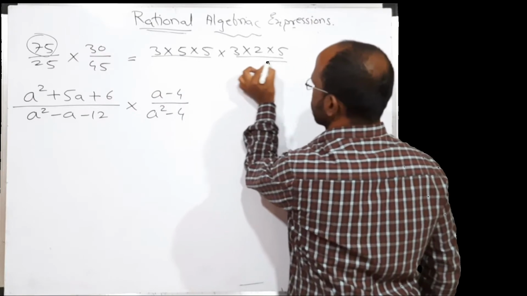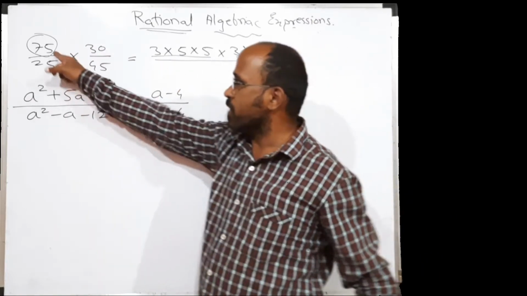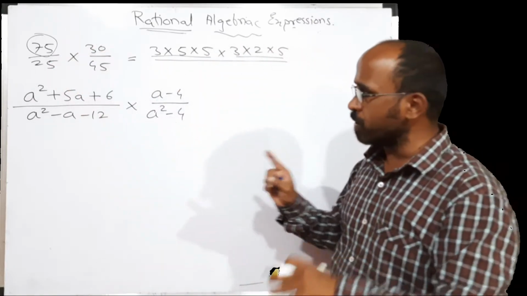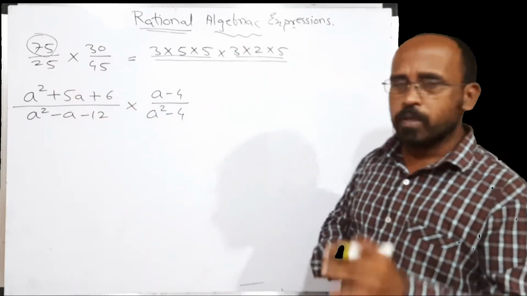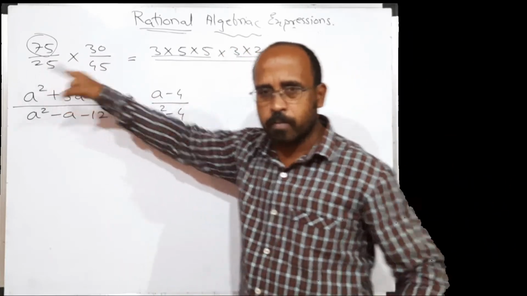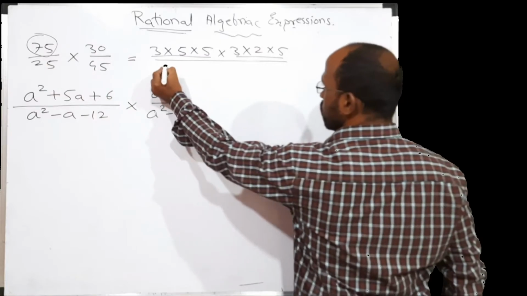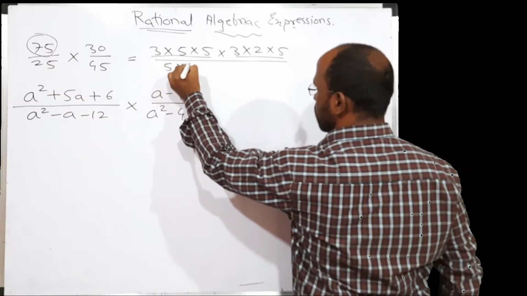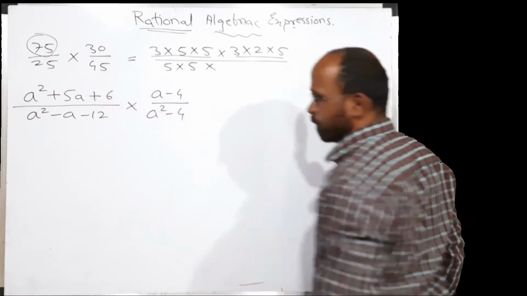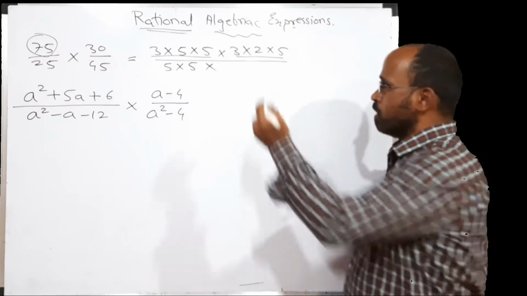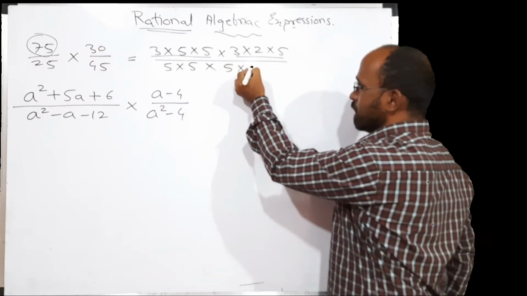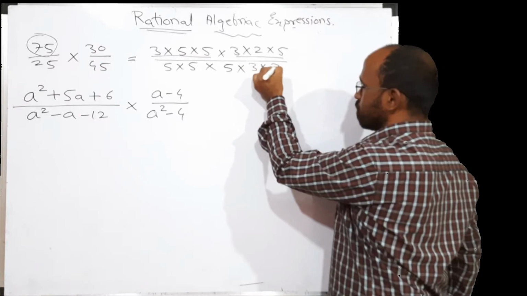This is the multiplication of 75 into 30, which we are going to divide by 25 into 45. Means again we will factorize this 25 as 5 multiplied by 5, and 45, 9 fives are 45, means 5 multiplied by 9, which is nothing but 3 into 3.